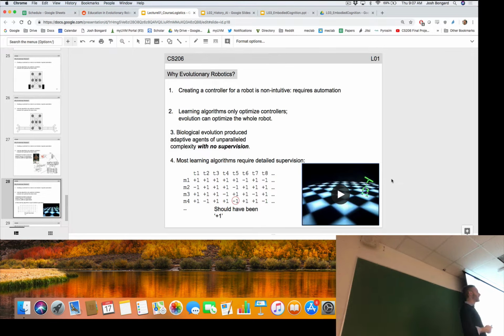We don't have any supervision. So a lot of the supervised learning methods that are out there that are very successful in other domains, like recognizing objects and images, do not exist or are not applicable for robotics. So here are 4 reasons, and we'll see many more as we go, for why we might want to take an evolutionary approach to trying to create robots. So far, so good? Okay.